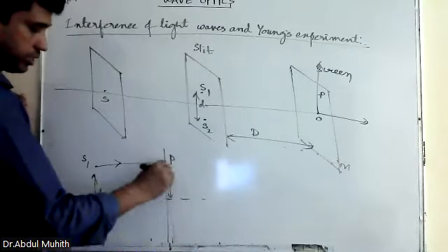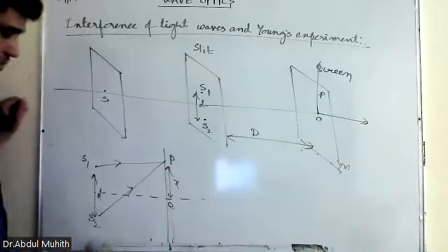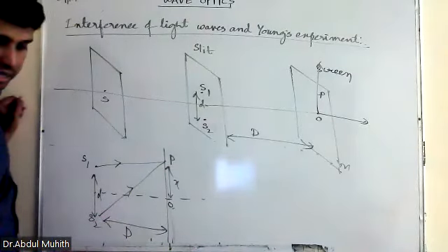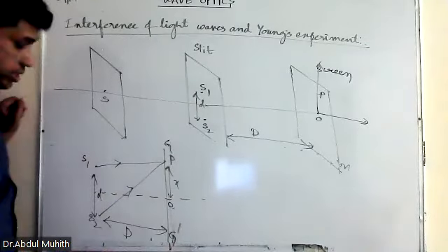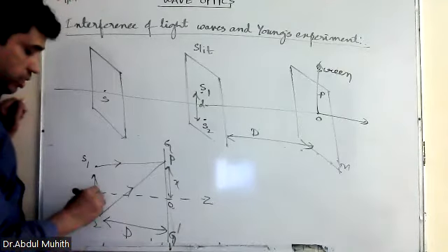X is the distance from the center, and D is the distance between the slit and the screen. This screen is G dash, and Z is the axis.